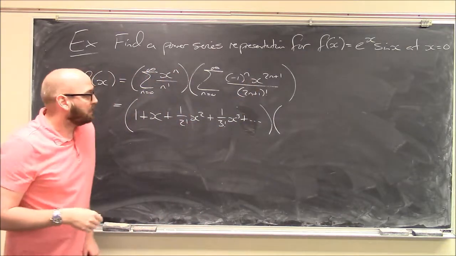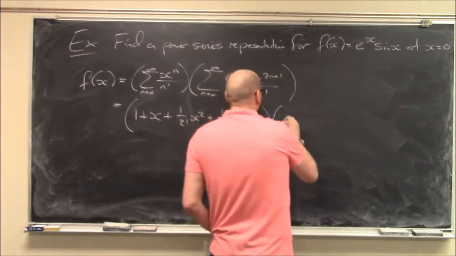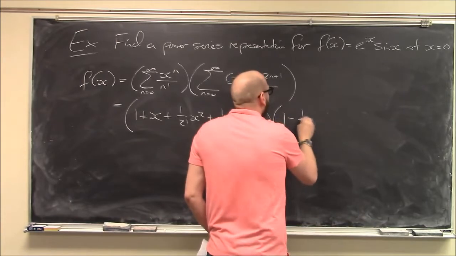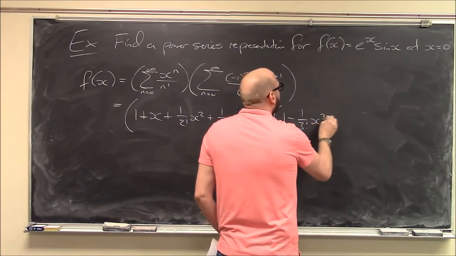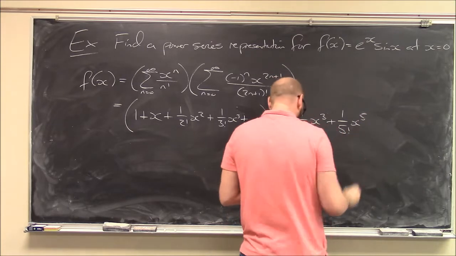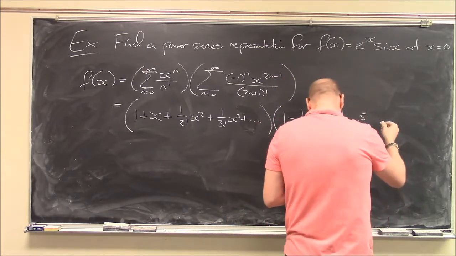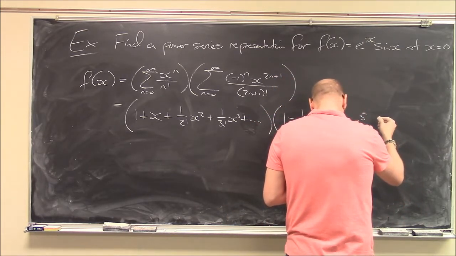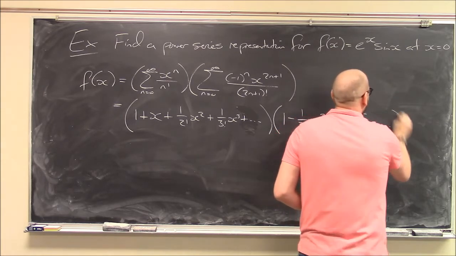Times, we'll write out the first few terms here. This will look like x minus 1 over 3 factorial x cubed, plus 1 over 5 factorial x to the 5th, and that should suffice, minus dot dot dot.